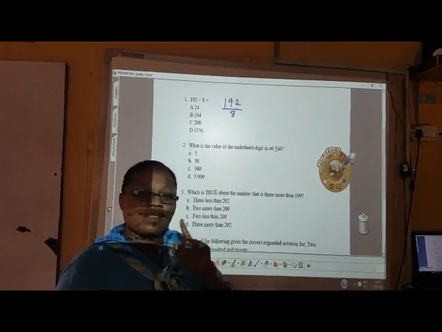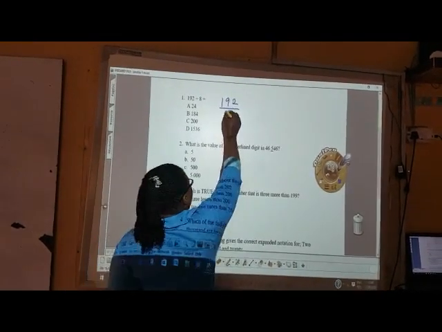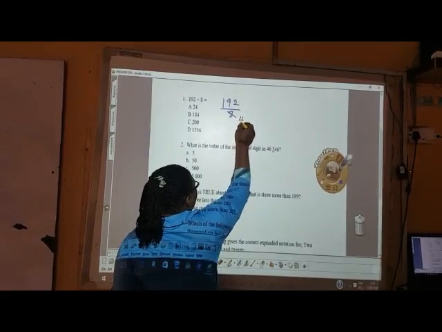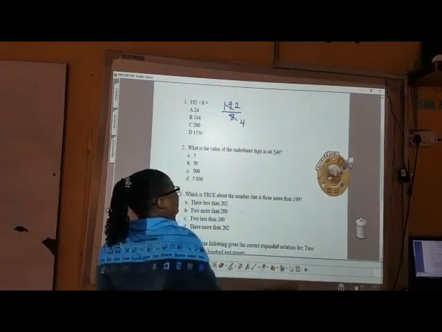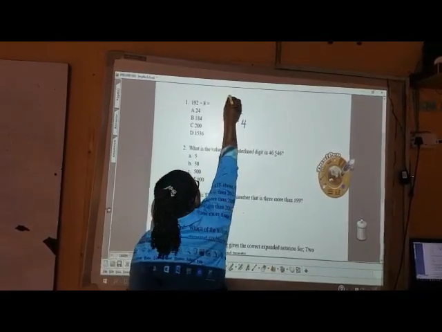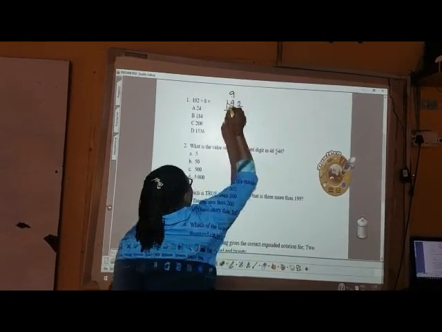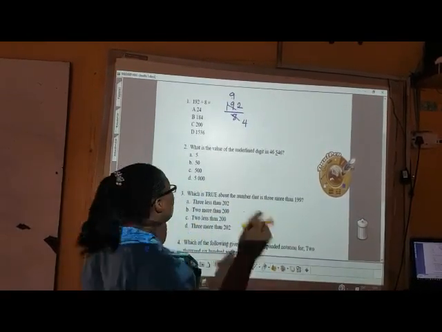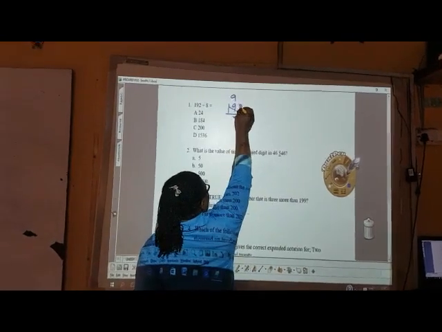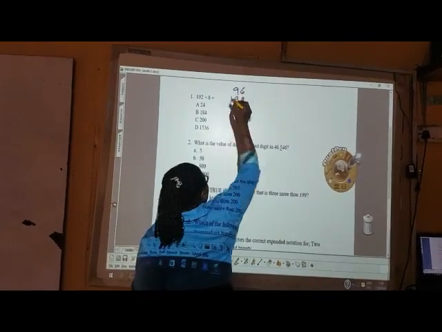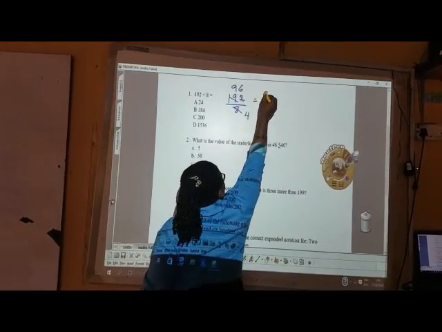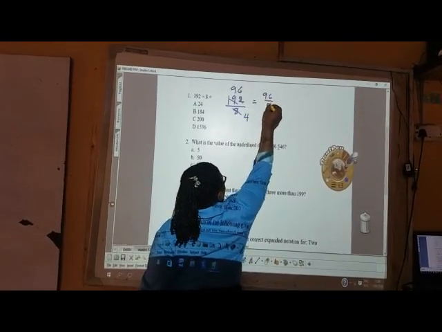Let's pick number 2. Then 2 into 8, here we have 4. 2 goes in 19, we have 9, remainder 1. Then in 12, we have 6. So we have 96 over 4.